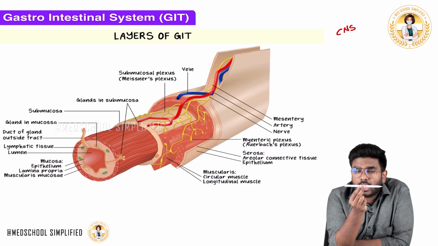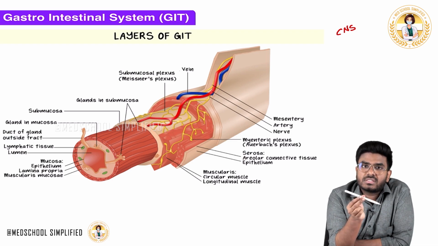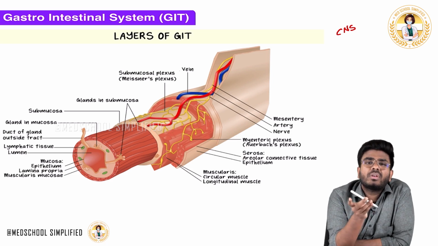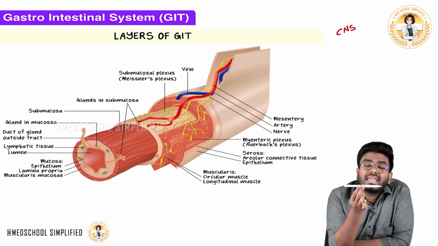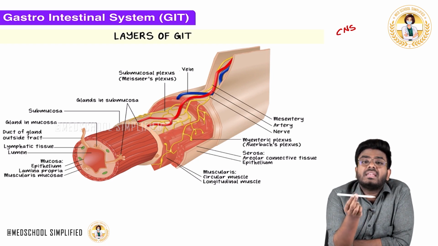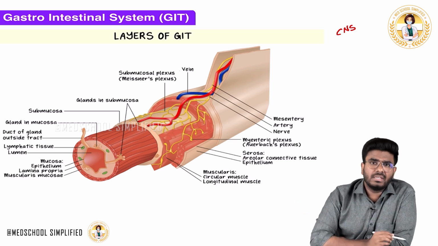If neural crest cells are not coming, it means no submucosal plexus, no myenteric plexus. What happens in this part of the GIT? No contractions. So that will become an aganglionic segment. No ganglionic cells are there, no nerves are there simply. So this is called an aganglionic segment, seen in a disease which we will discuss in a few minutes.